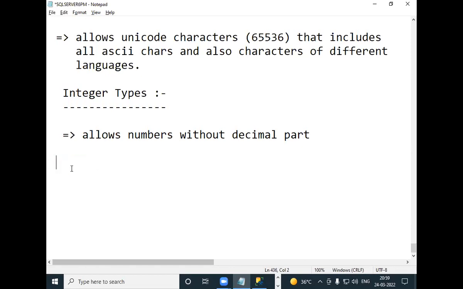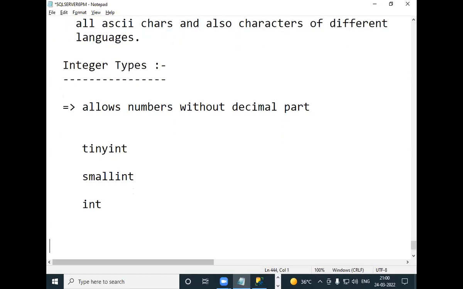Understood? SQL Server supports 4 integer types. What are the types? One is tinyint. Next, smallint. Another one, int.